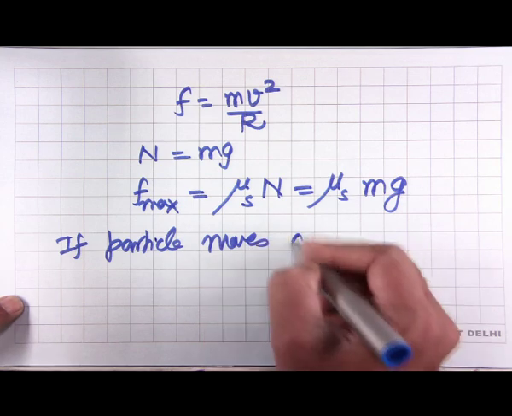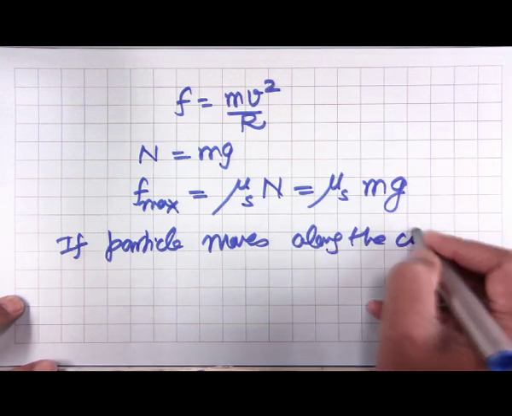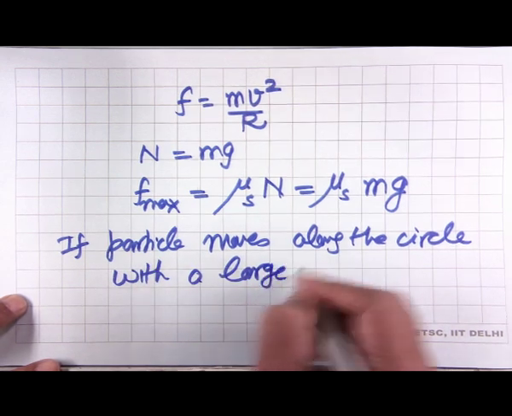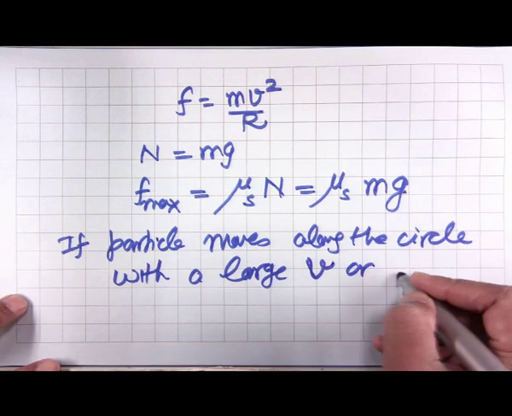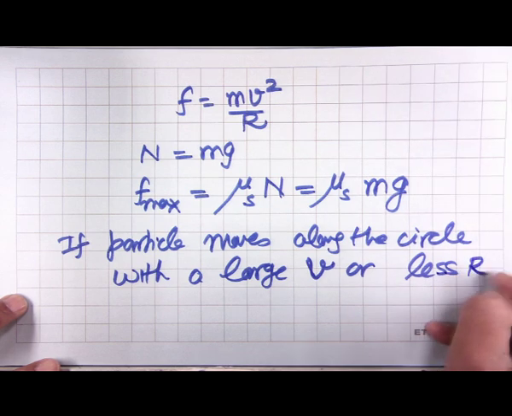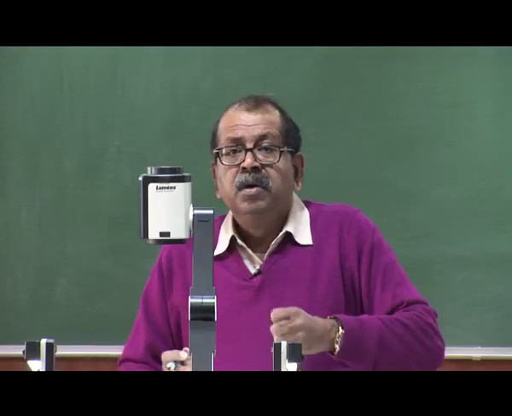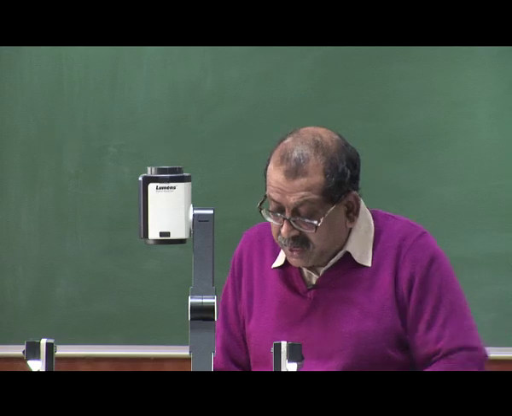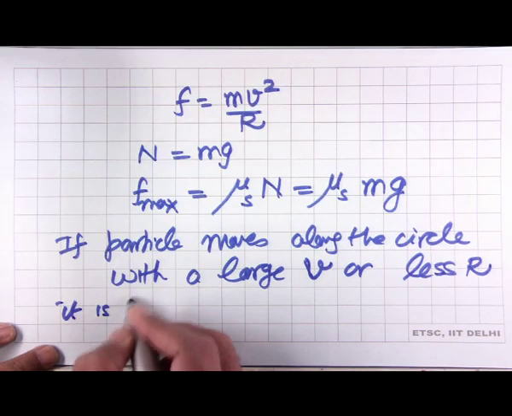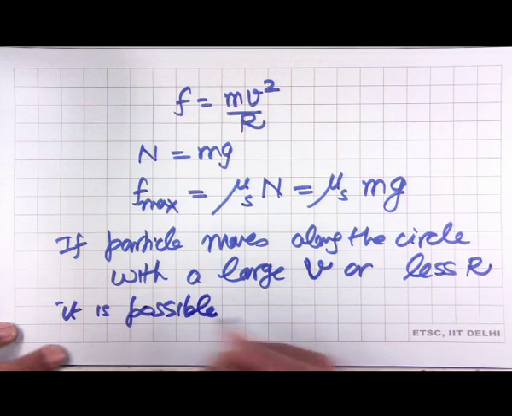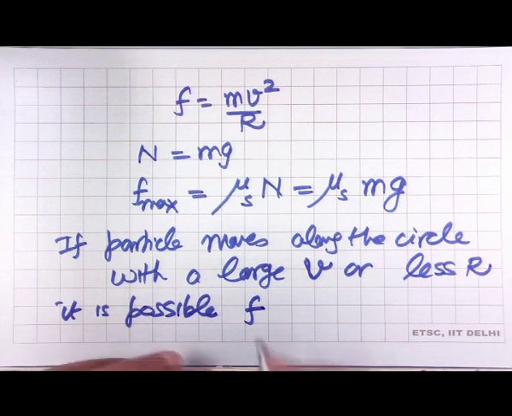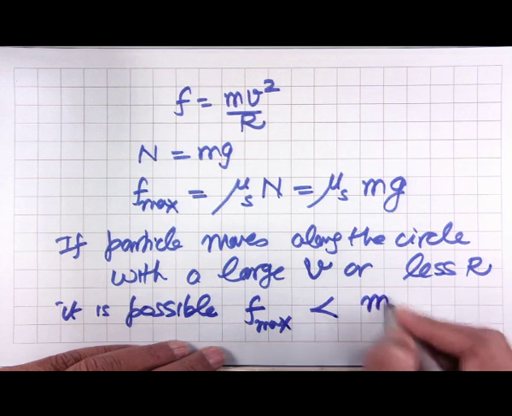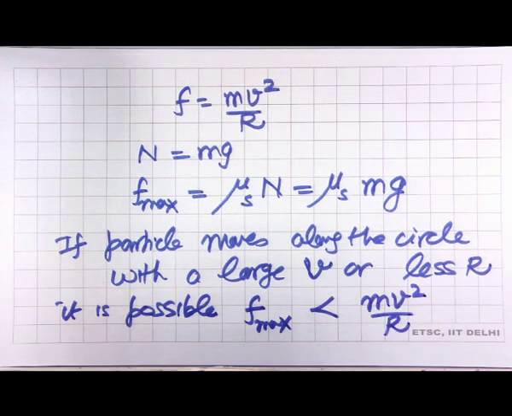Now, if the particle moves along the circle with a large V or less r, that means it travels the curve with a lower value of radius or with a large value of velocity, then it is possible that the friction force F max is less than mv square by r.